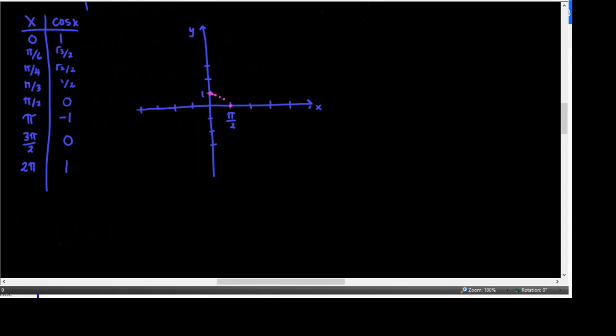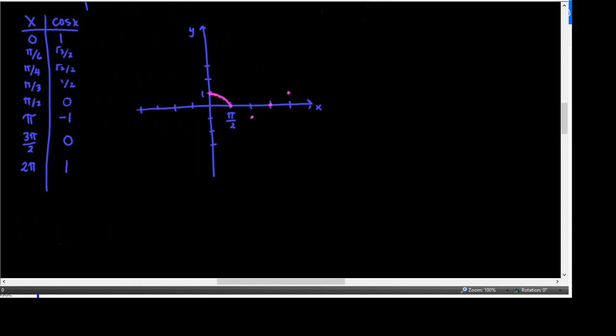And so the curve we get looks very much like the curve we just got, just in a different way. It's the same numbers, just in a different order. So when we get to pi over 2 at 0, pi we get to -1, low value, right? 3 pi over 2 is 0, middle value. 2 pi, we're back to the high value of 1.